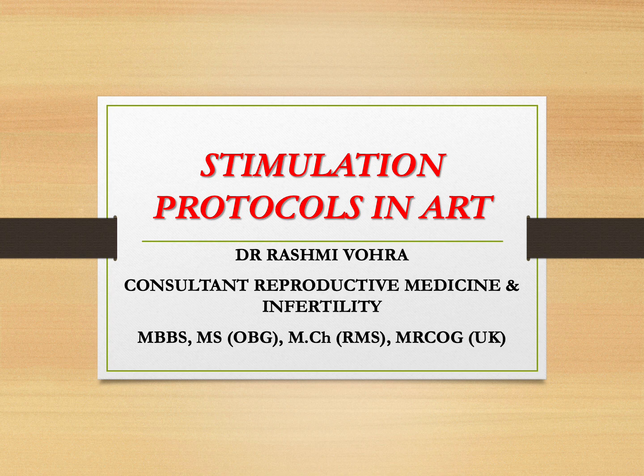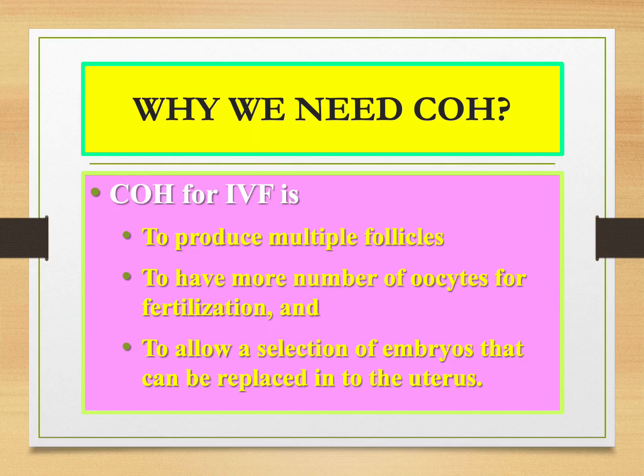So, why do we need controlled ovarian hyperstimulation? This is the first question. Controlled ovarian hyperstimulation for IVF is to produce multiple follicles. The more the number of oocytes, the more the chances of conception, because more embryos will be formed, and we will have more chances for frozen embryo transfer.